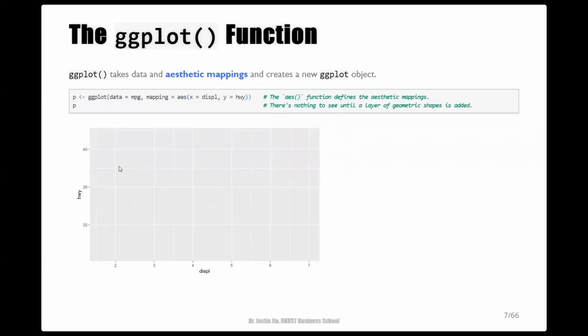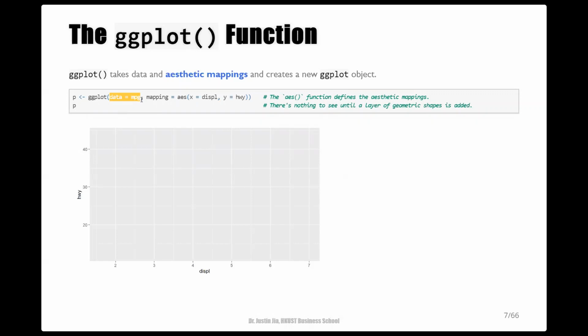A ggplot2 plot starts with a call to the ggplot function. This function is mainly used to declare the input data frame for a graphic, in this example, the MPG dataset.